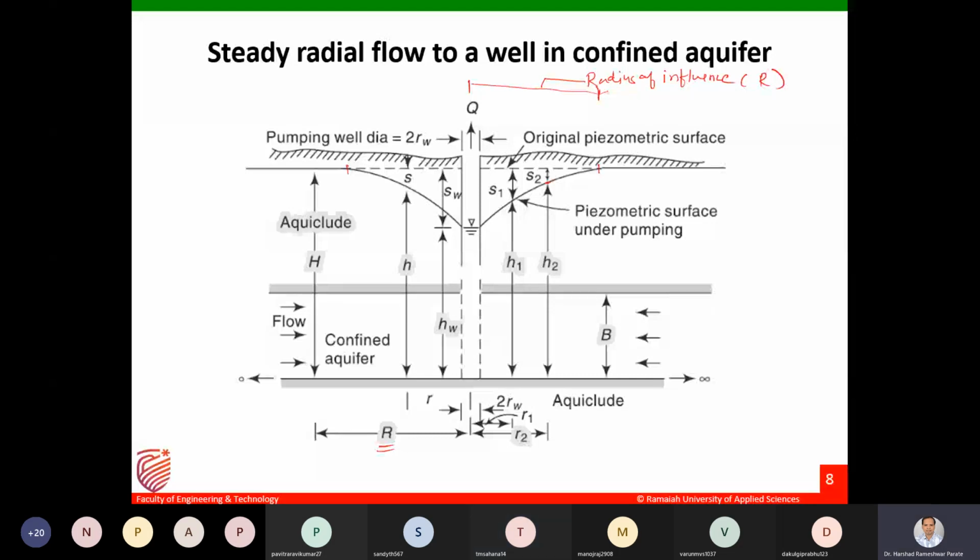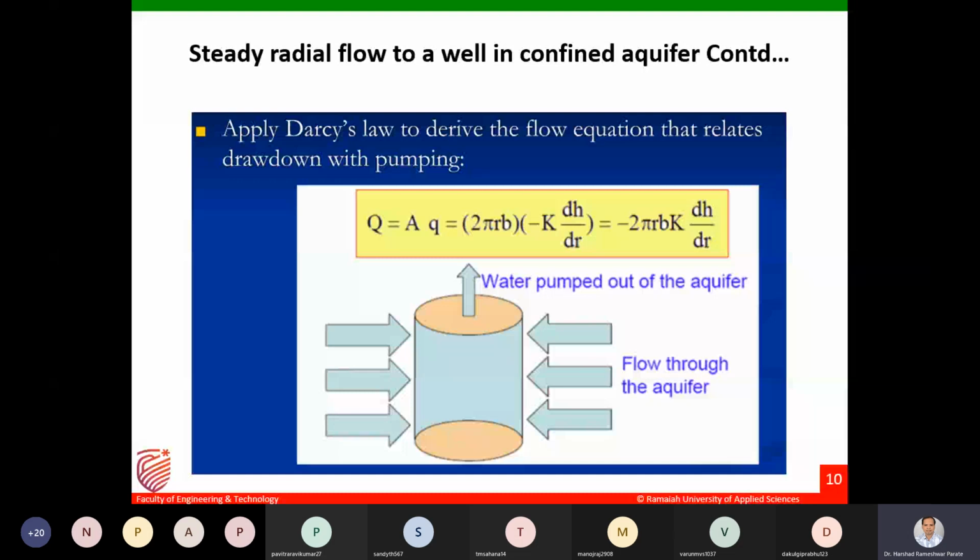Now if you want to estimate the Q, what I explained is given here. If you want to derive the equation, the first thing we do is apply Darcy's law. You can see Darcy's law is applied: Q is equal to A into K dou H by dou R. The area is 2 pi R B, where R is the radius.